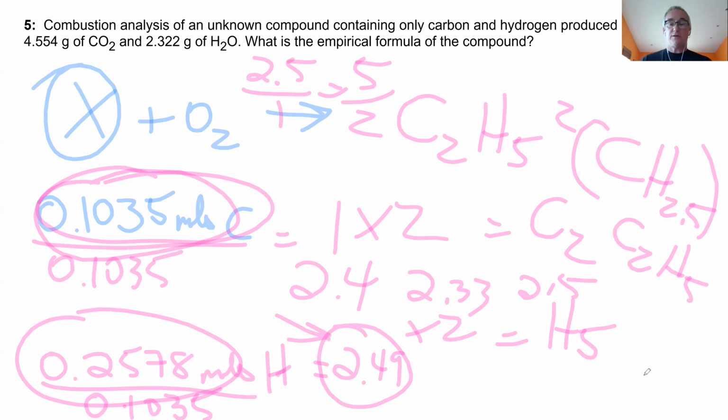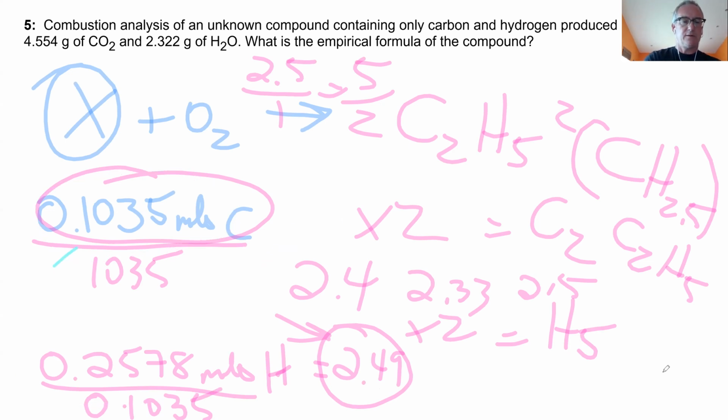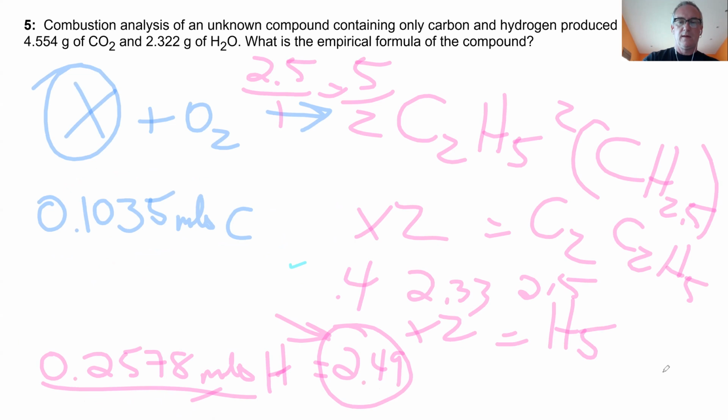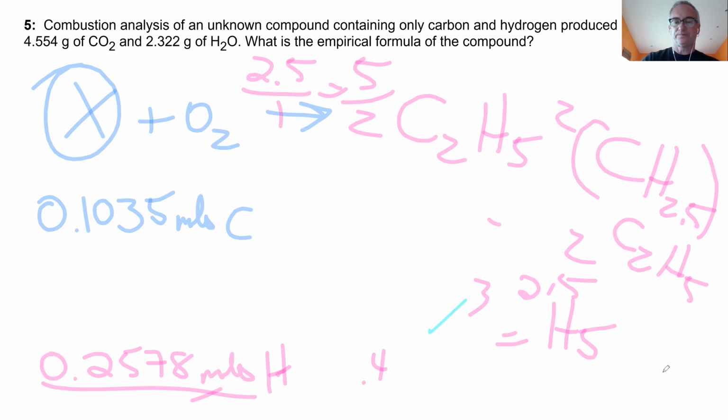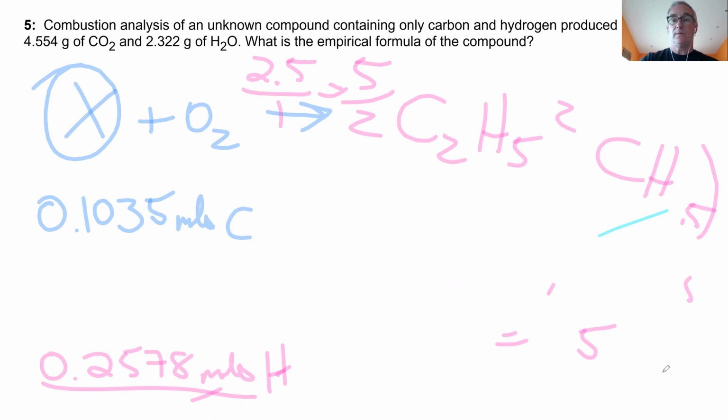Yeah, so we got to this number. Let me erase some of this because there's a whole lot going on here. All right, so we got to these two numbers. The moles of carbon came from the number of moles of CO2.